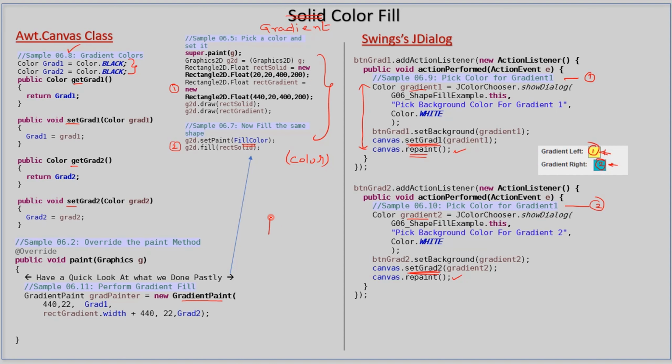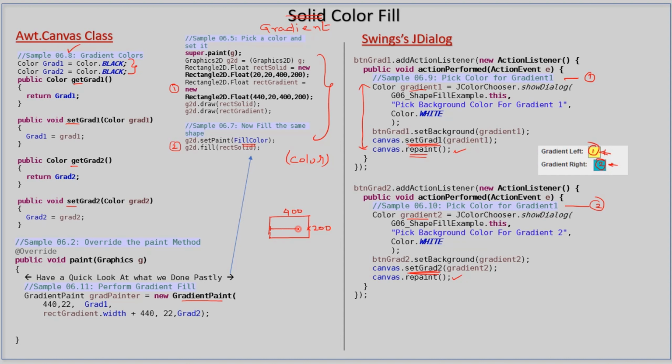So for example, if the rectangle is here, it is 400 by 200, right? So we pick some location here, then the rectangle width plus 440.